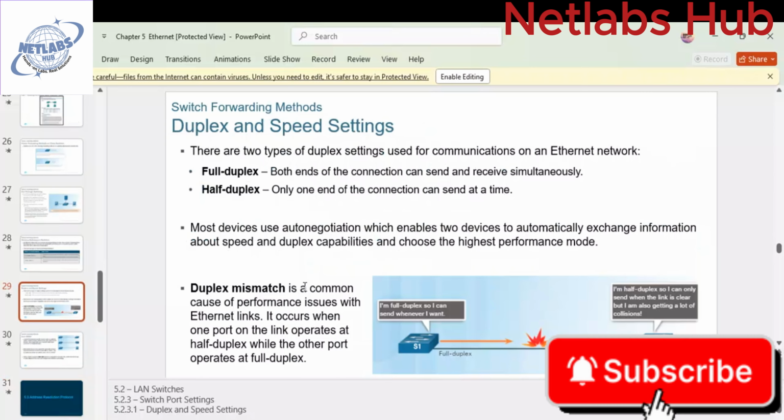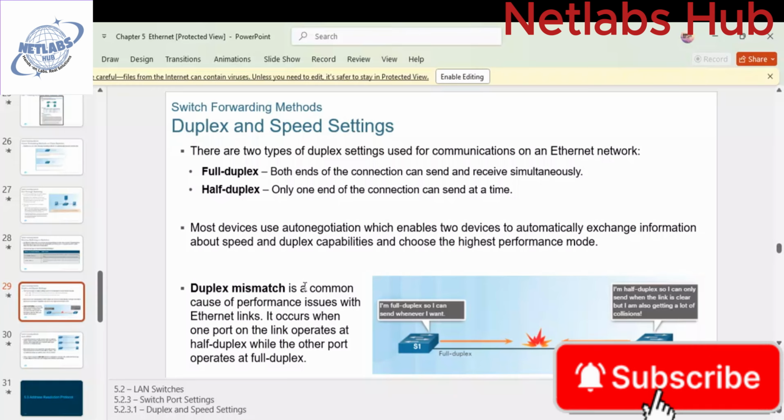So, duplex and speed. Remember, we've got full duplex. It means both the sender and the receiver can send and receive simultaneously. But in half duplex, only one end of the connection can send while the other end can only receive.